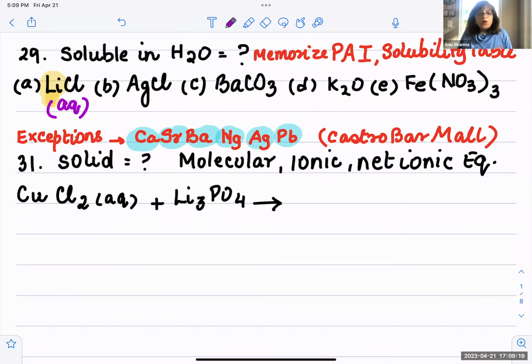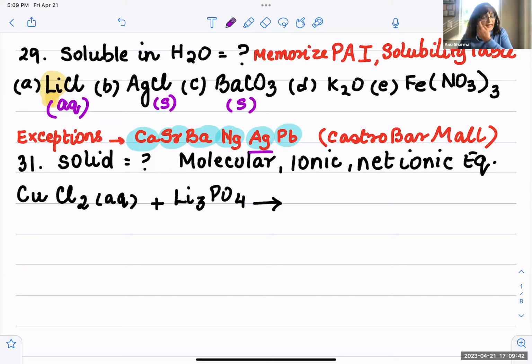Silver chloride: all chlorides are soluble in water except Ag. So this is an exception, silver chloride, solid. All carbonates are insoluble, and barium falls in that exception of solubility. So this is solid.